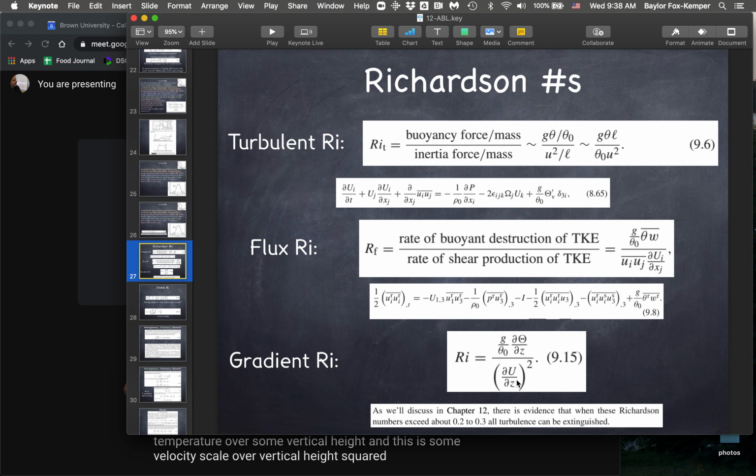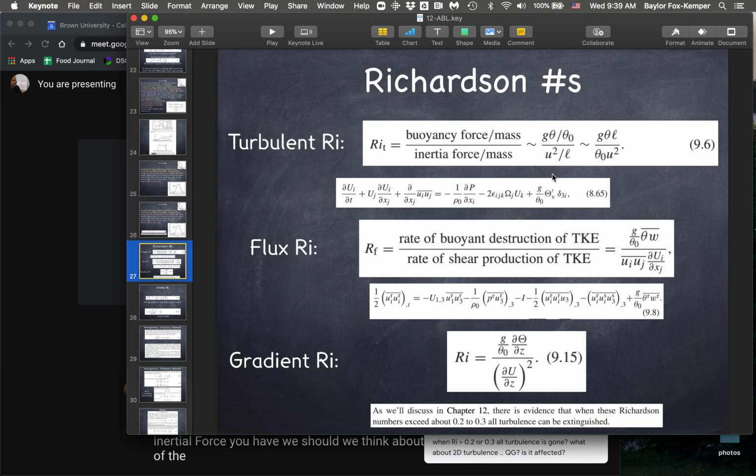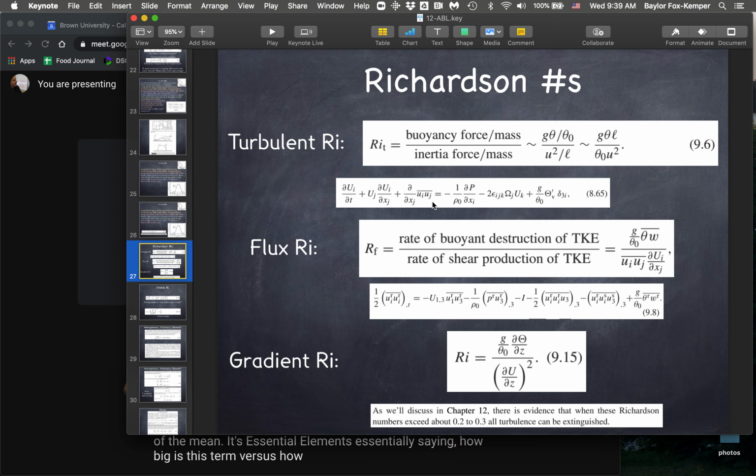If we cancel one of the vertical heights between these two, we end up with this formula. So this is called the turbulent Richardson number, and it basically measures how much buoyancy force you have versus how much inertial force you have, which if we think about it in terms of the mean, it's essentially saying how big is this term versus how big is this term.